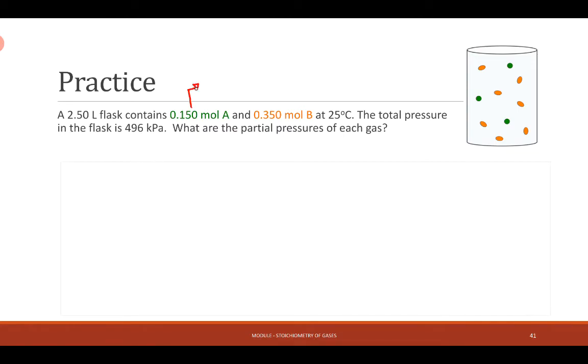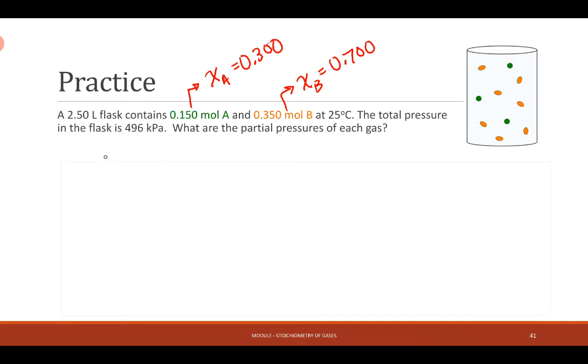Okay, so we know from the past slide that the mole fraction of A was equal to 0.300, and the mole fraction of B was equal to 0.700.